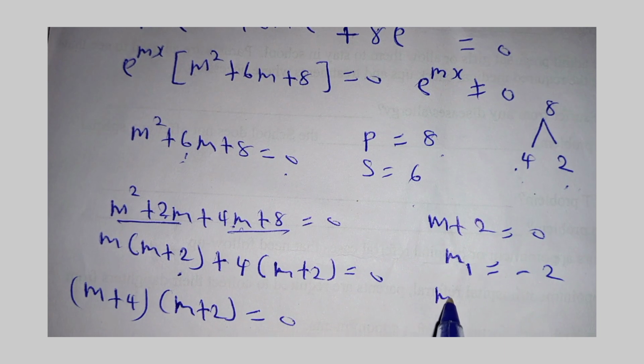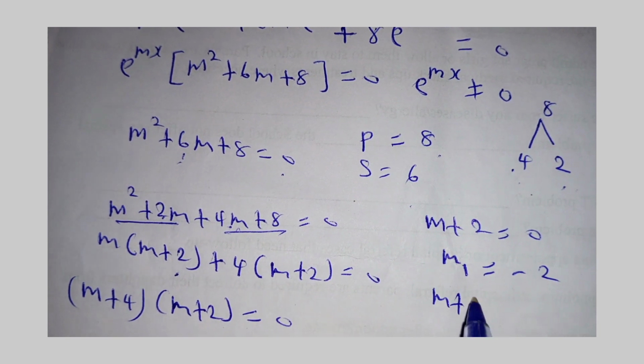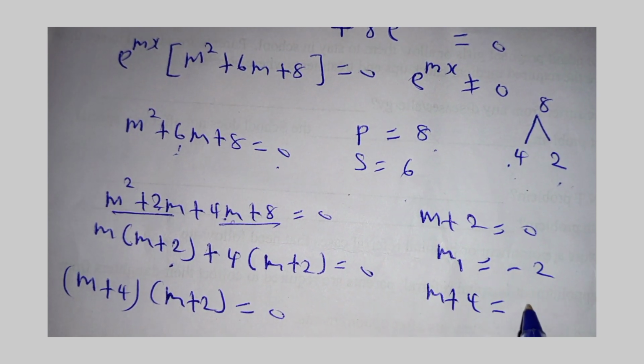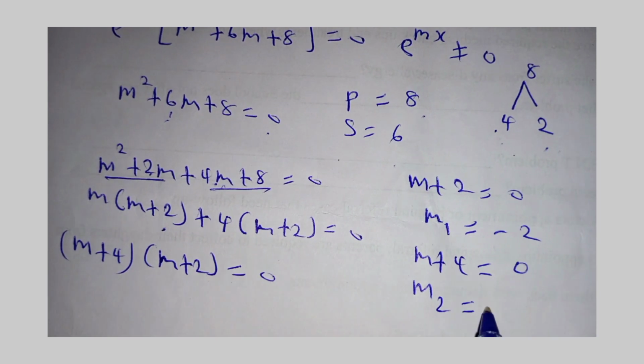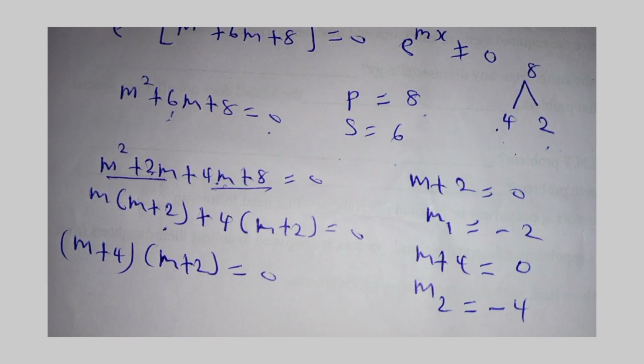Also, m plus 4 is equal to 0, meaning that our m2 is equal to -4.